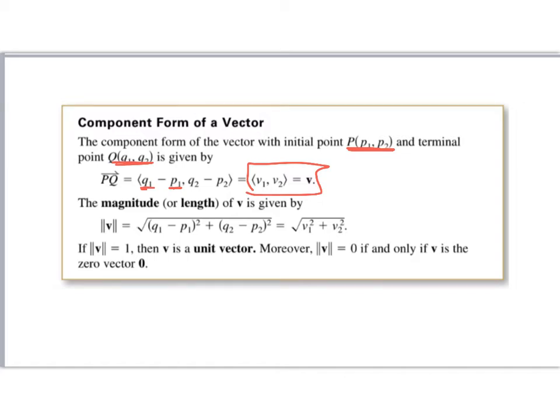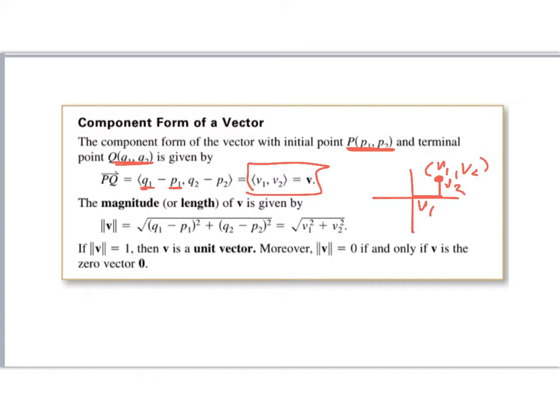And then magnitude, remember we said that's the length, and really all you're doing is finding the distance. If I have my vector, and here's my point, v1 and v2, I'm asking how far over did I go? That's v1. How far up did I go?